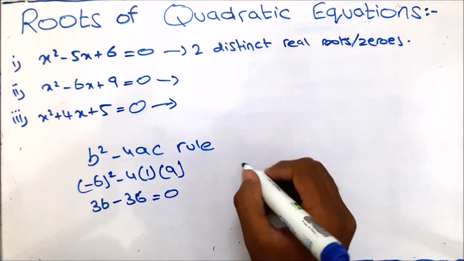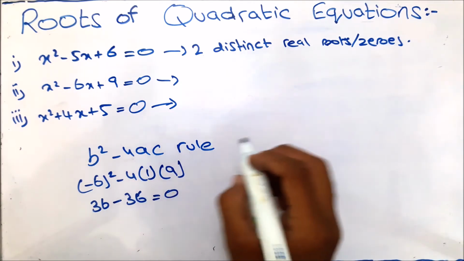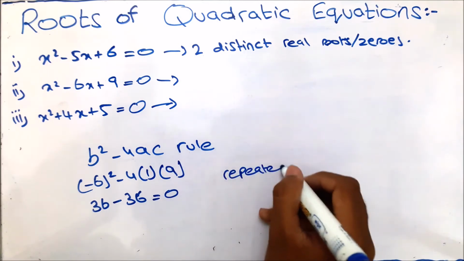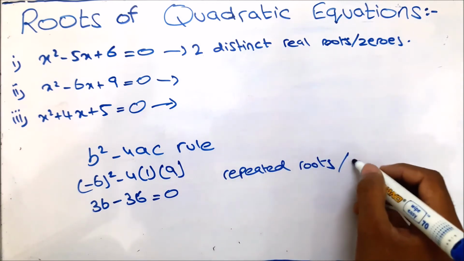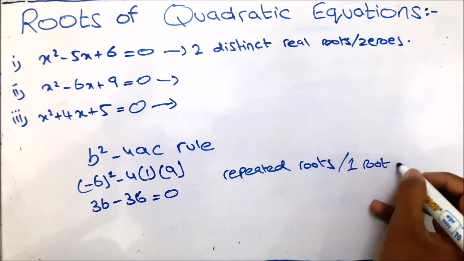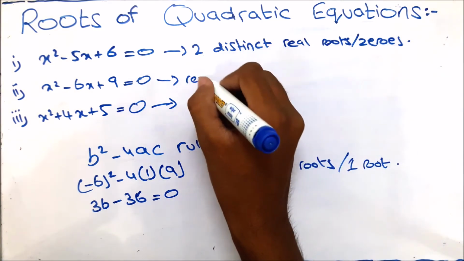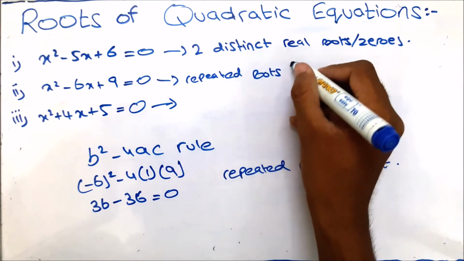So we learned that whenever our discriminant b squared minus 4ac equals 0, we get one or repeated roots. Here we just write it down: repeated roots or one root.